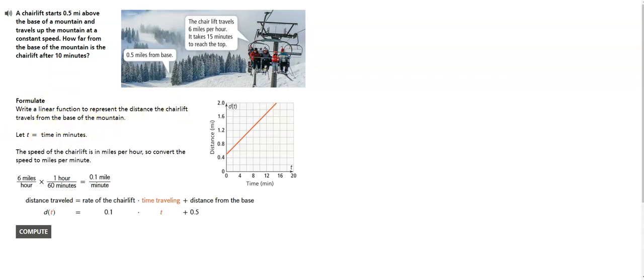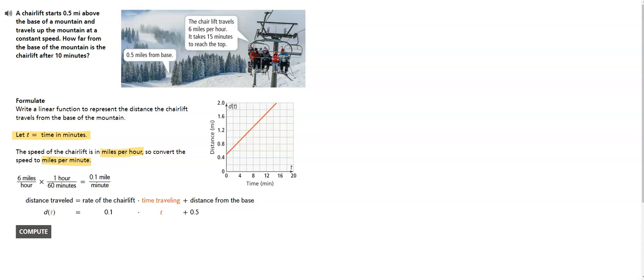We're letting t equal the time in minutes. And we're going to calculate the speed. Because the speed is given in miles per hour, we have to convert it to miles per minute. So they take the 6 miles in 1 hour and multiply that by 1 hour, which is 60 minutes.